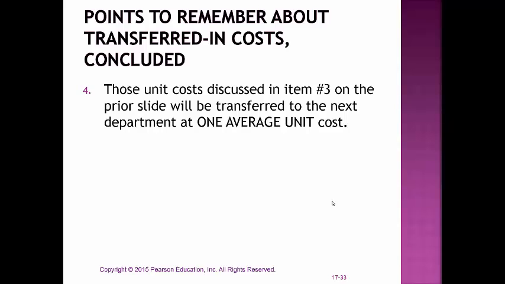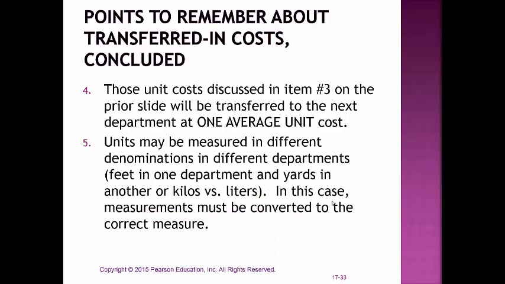And when we transfer them on to another one, we are going to have one average unit cost when those get moved out. Ooh, one other special point that this number 5 highlights. Think of the fact that we may have one department that is putting something into our process or our product, and they may be putting things in and measuring things based on, for example, pounds or feet besides number of units.